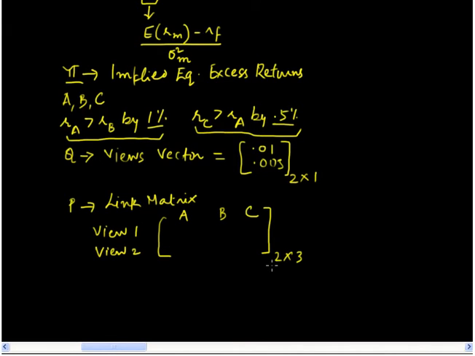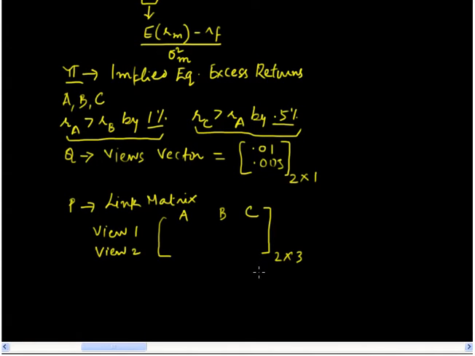The question now is, what are going to be the elements of this matrix? Well, for each positive view we can write a 1, and for each negative view we can write a -1. But do keep in mind that the sum of relative views should be 0. What are our views?